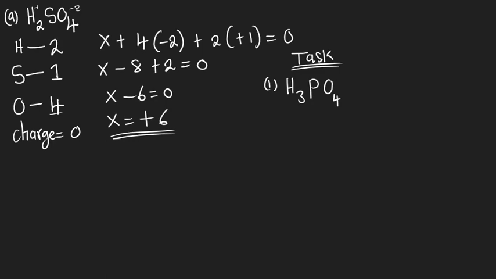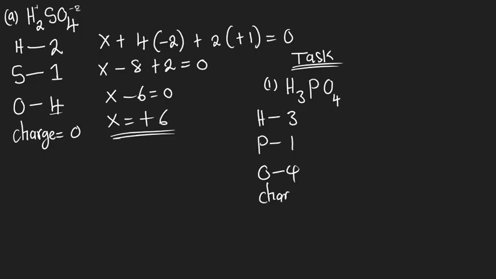Okay, so we solve. We are getting positive 5. Let's check it out. Everyone is saying positive 5. Hydrogen, how many do we have? 3. Phosphorus, 1. Oxygen, 4.